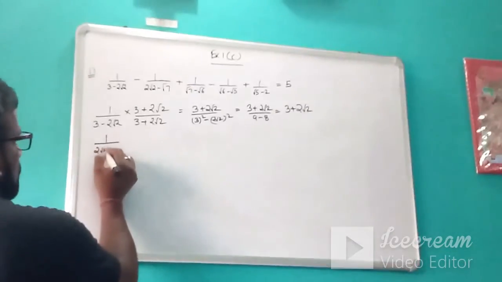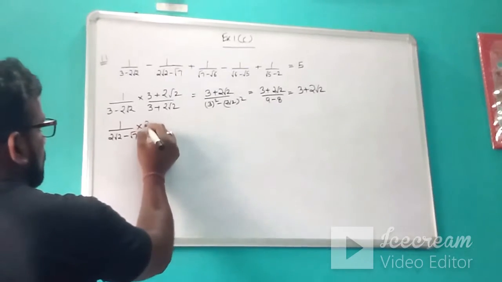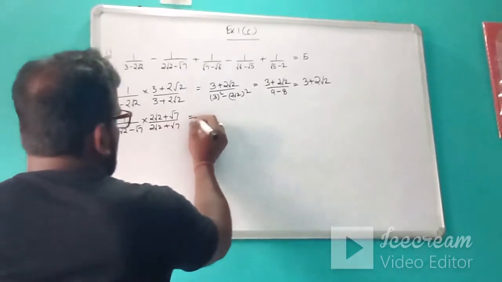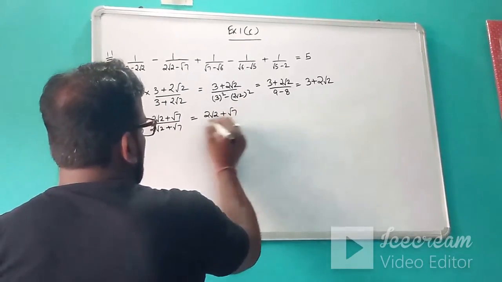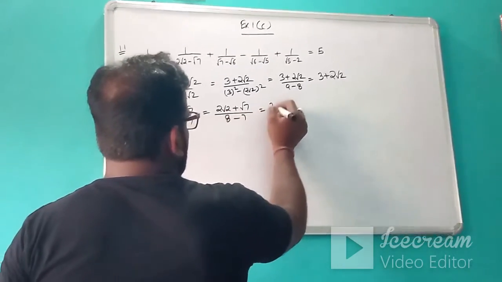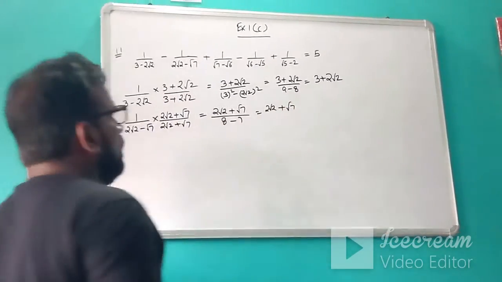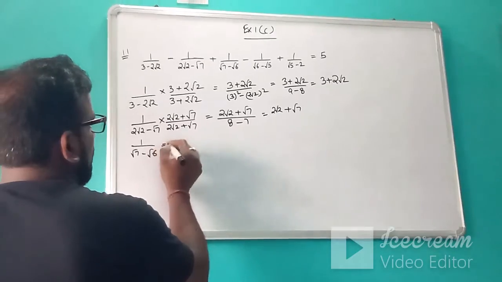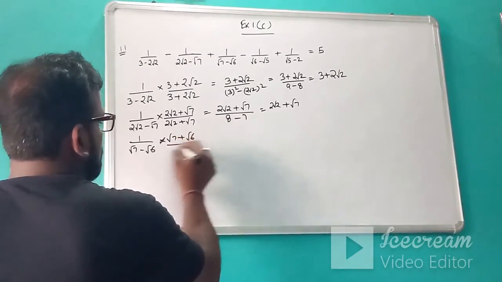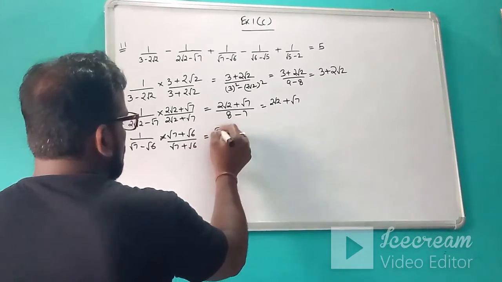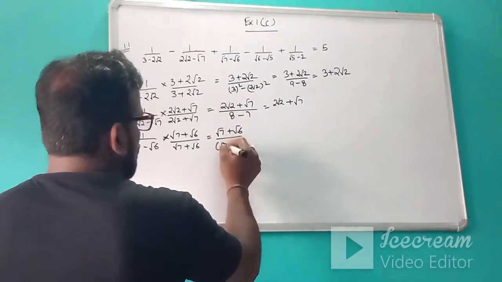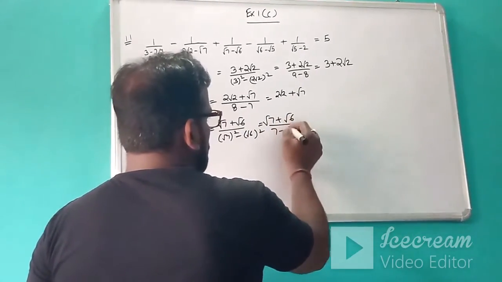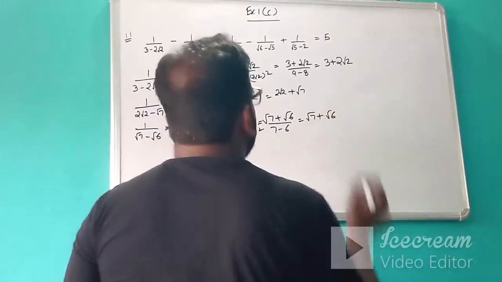So next, we will rationalize this. 2 root 2 plus root 7 upon 8 minus 7. This will be your second term. Similarly, we will take the third term, likewise root 7 plus root 6. Okay, this you will get.